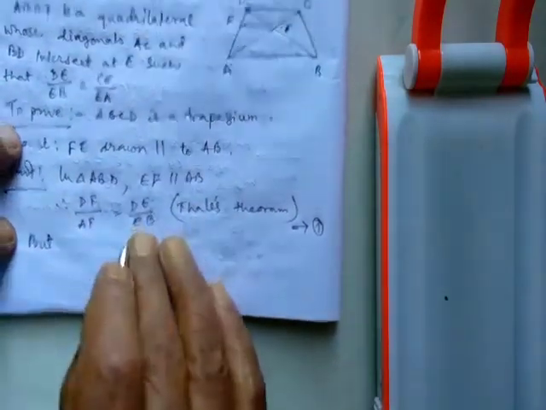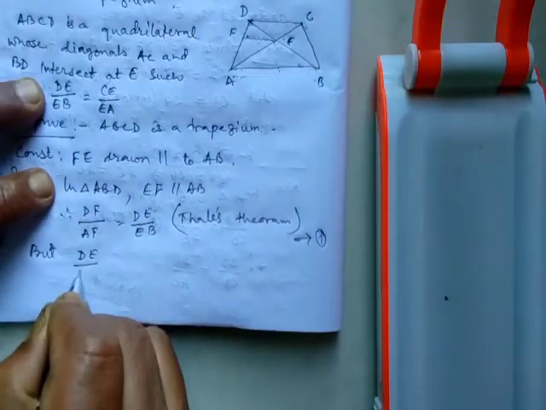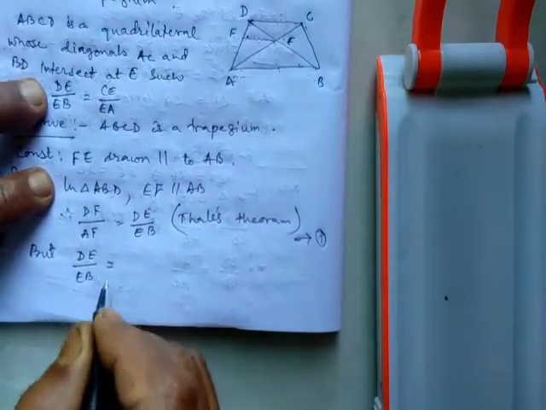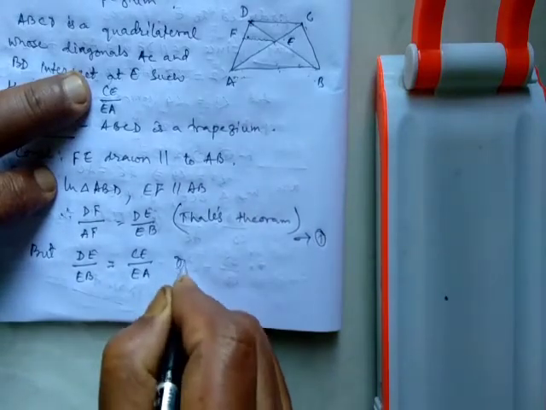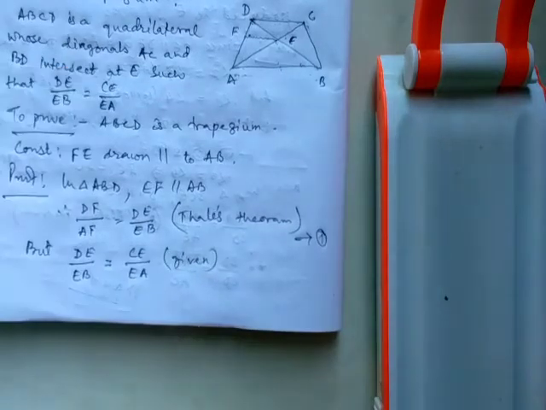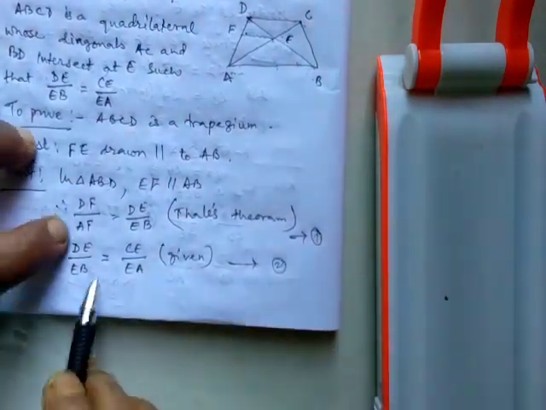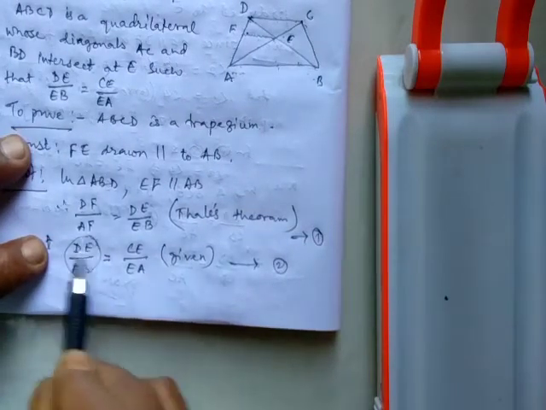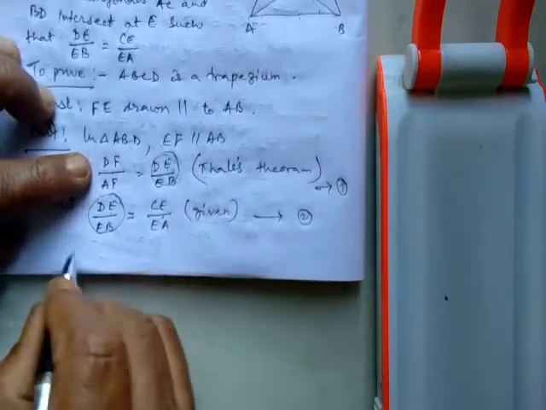But what is given to us is DE by EB is equal to CE by EA. This is given to us. This is 2. From 1 and 2, what you are getting, see, these and these are equal. When these two are equal, these two will be equal.